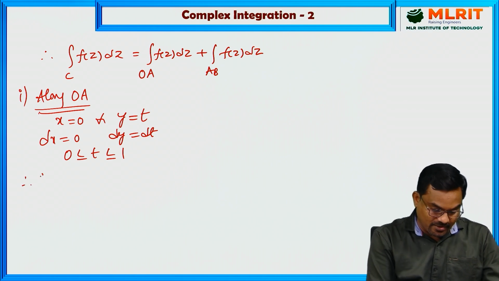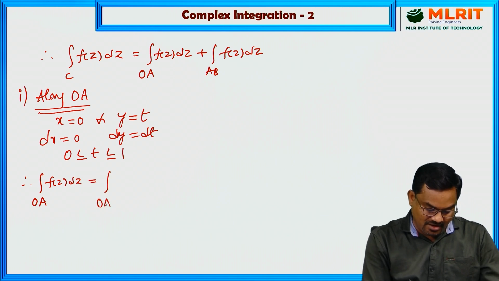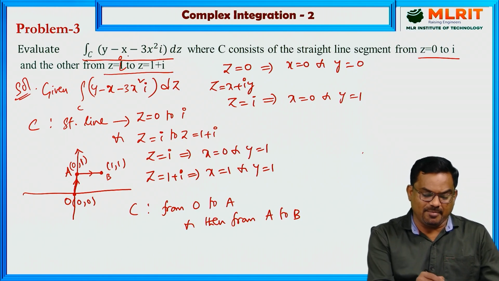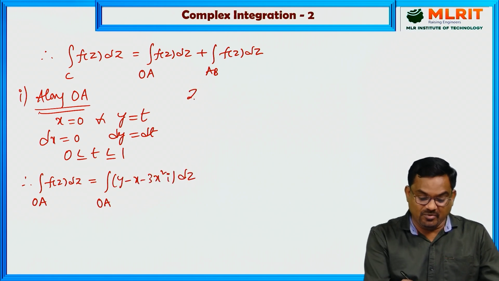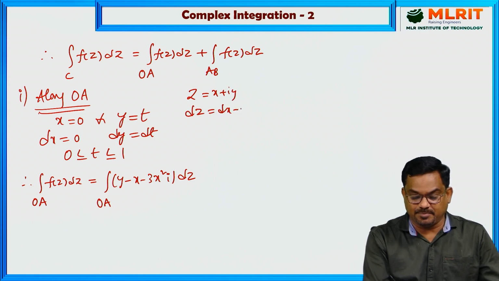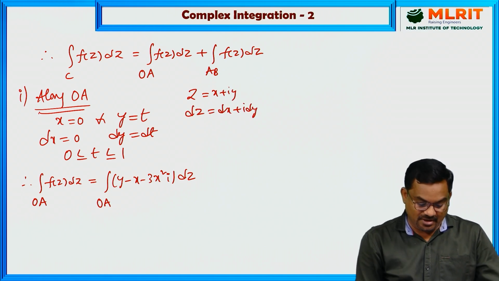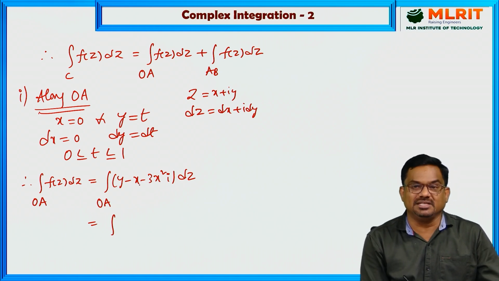So along OA, what is f of z? It is y minus x minus 3x squared i, times dz. And we have z is x plus iy, so dz is dx plus i dy. Therefore I can substitute x equal to 0 and y equal to t in this f of z.